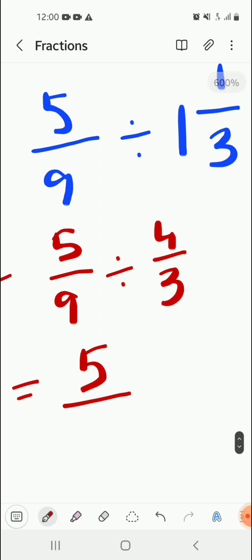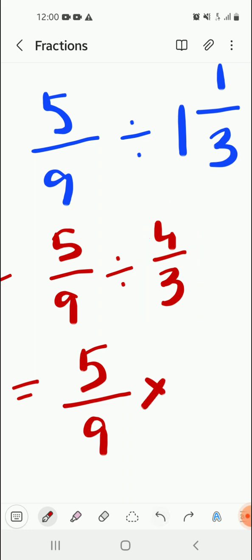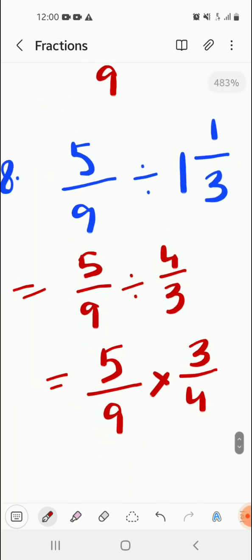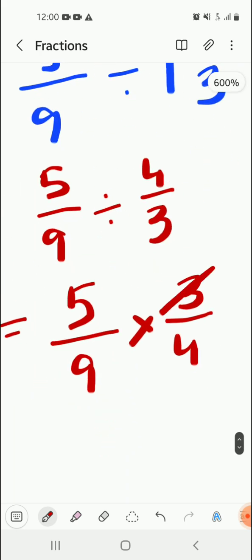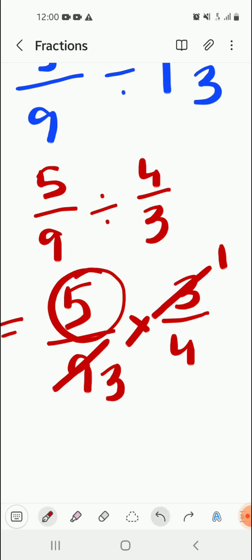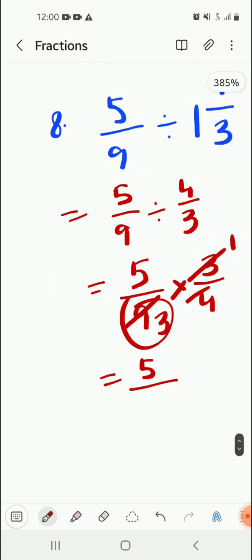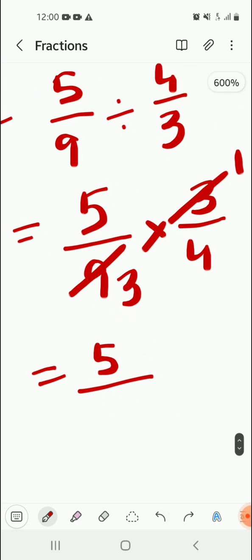Now we are going to solve it. First fraction, write it as it is. Use the multiplication sign instead of division. And use the reciprocal of 4 by 3, that is 3 by 4. Now solve it. 3 divided by 3 is 1. 9 divided by 3 is 3. So in the numerator 5 into 1, we get 5. And denominator 3 into 4, 12.